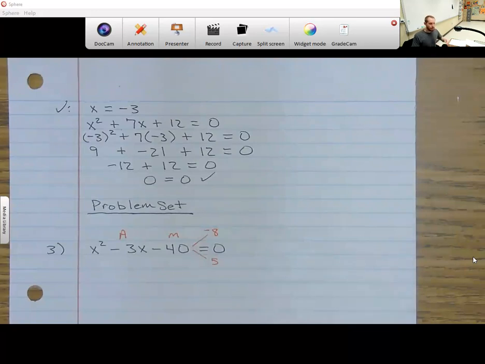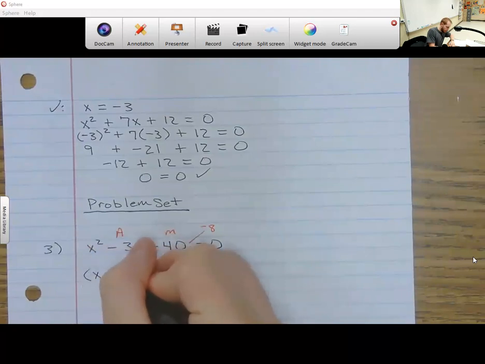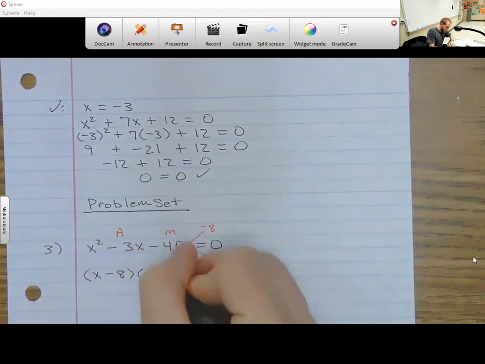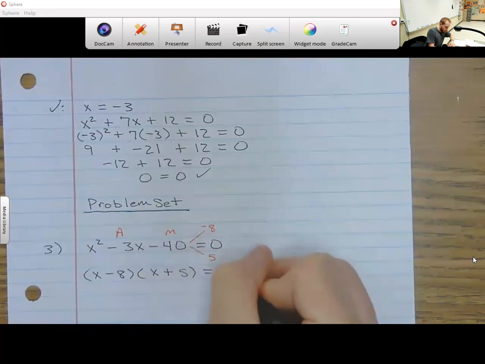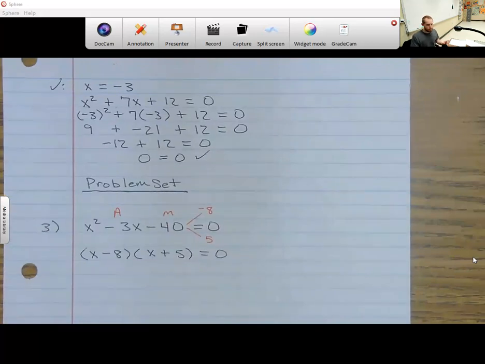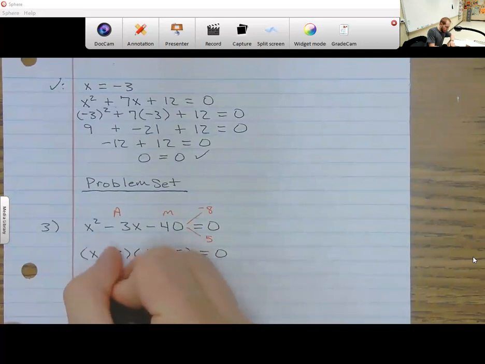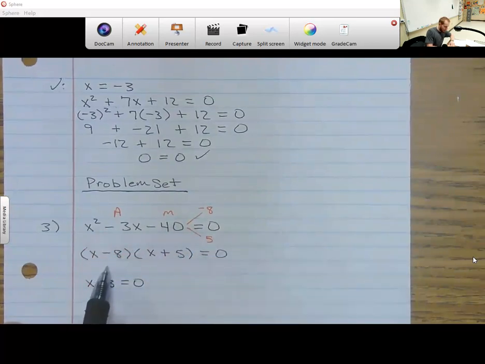So the way I'm going to factor this is x minus 8 and x plus 5 equals 0, of course. So now I've got my two factors and I'm ready to set up my two different equations. I'm going to have x minus 8 equals 0, just going off of that factor.